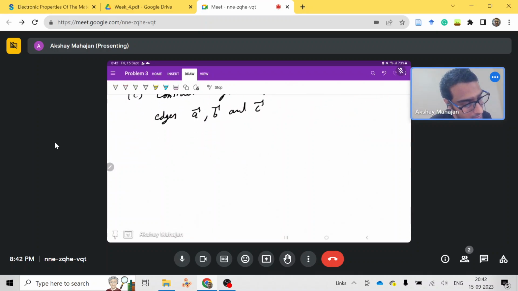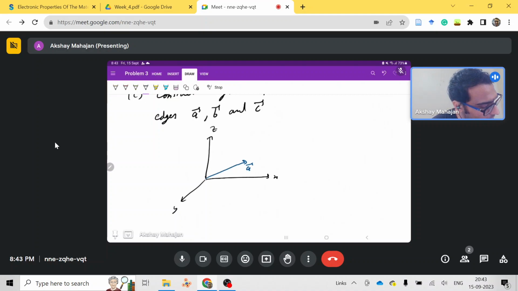Alright, so what I'm saying is that, okay, let's say you have your x cap, y cap and z cap like this. You have your x, your y and this is your z. Let's say you have this parallelepiped. This is the A vector here.